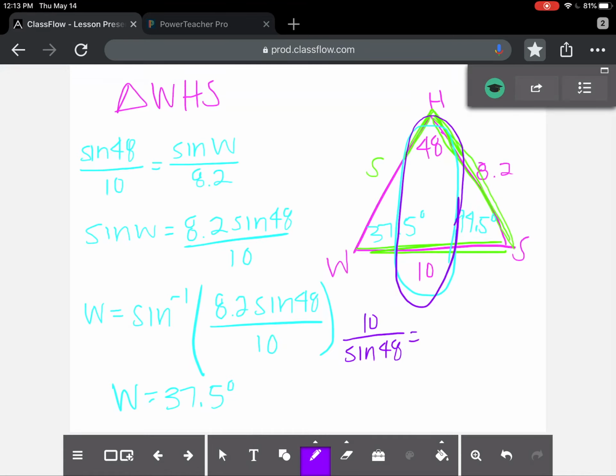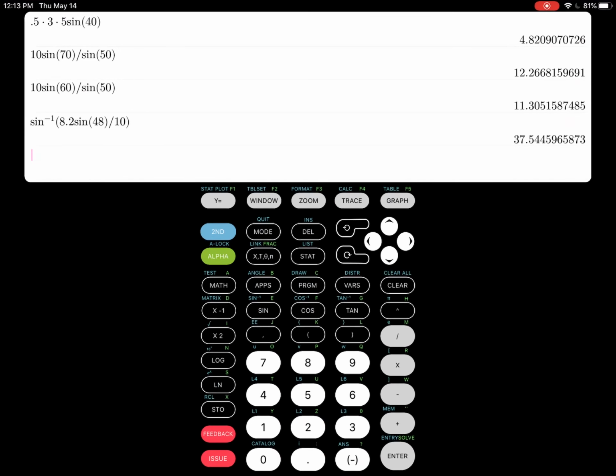Again, I'm going to use law of sine with my given ratio. I'm going to put 10 on top this time because I'm looking for a side length. So 10 sine of 48 equals little s over sine of 94.5.